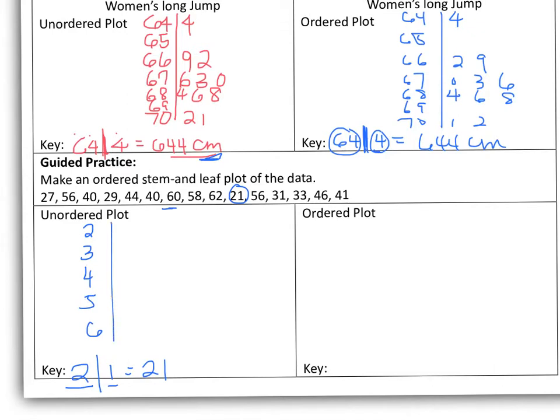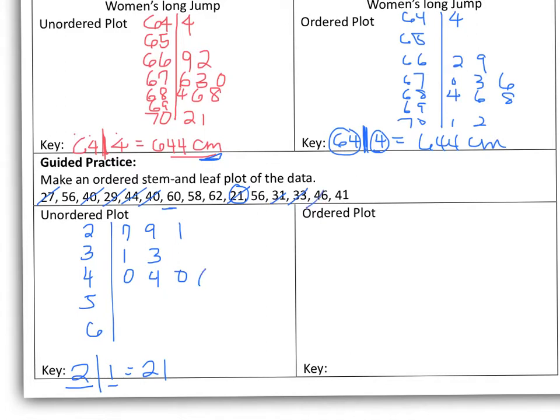Draw a line down, and then I'm going to list my leaves. 7, 9, 1, 27, 29, 21, and then 31, 33, and then 40, 44, 40, this should be another 40, and 46.